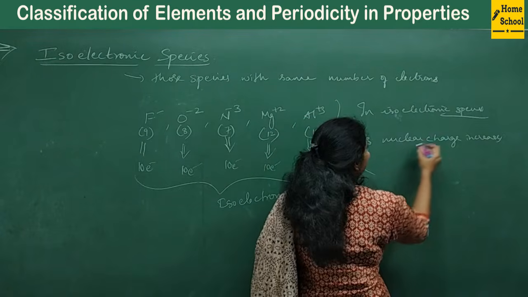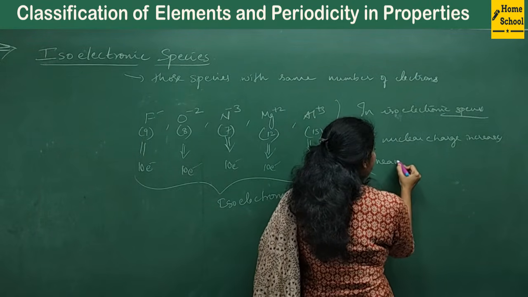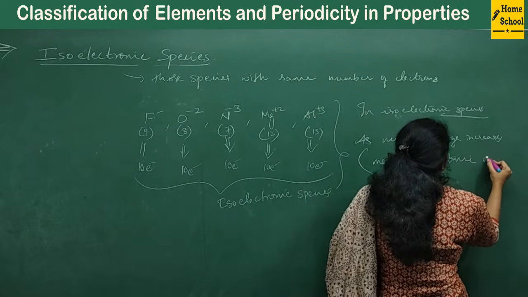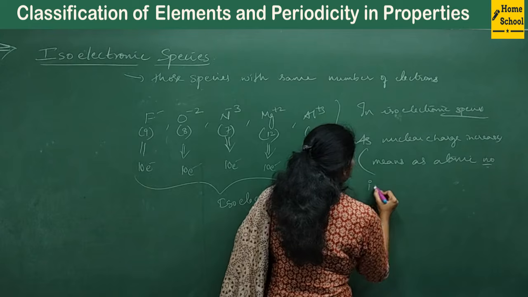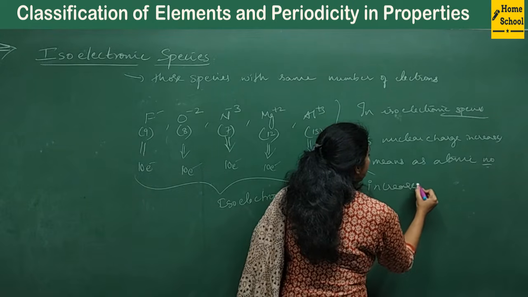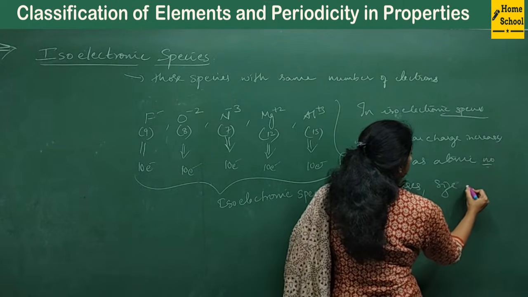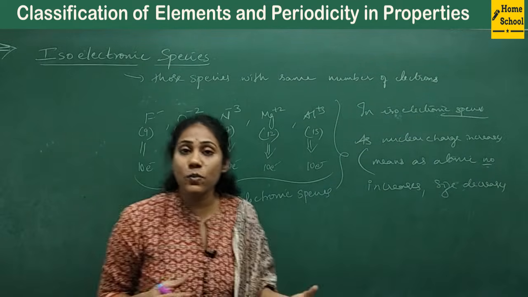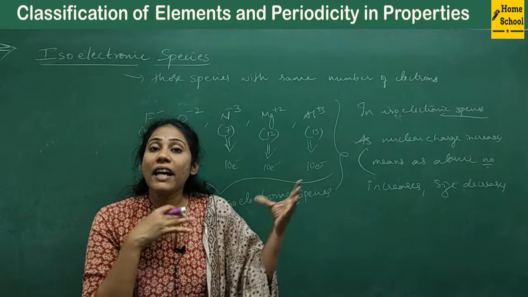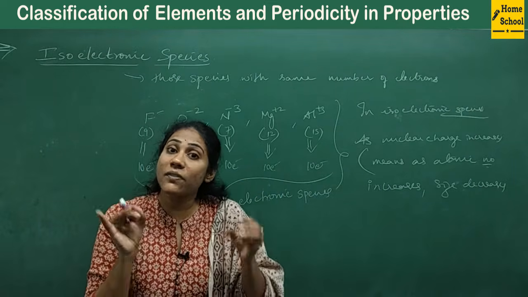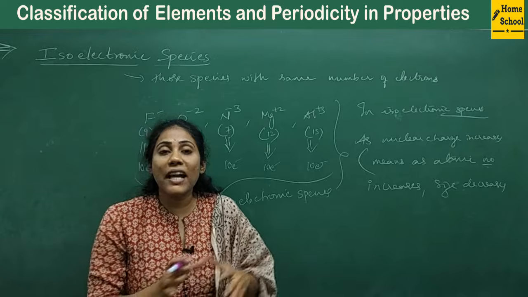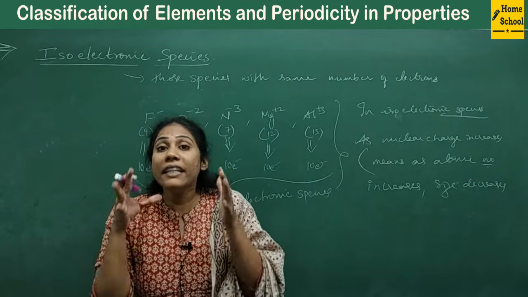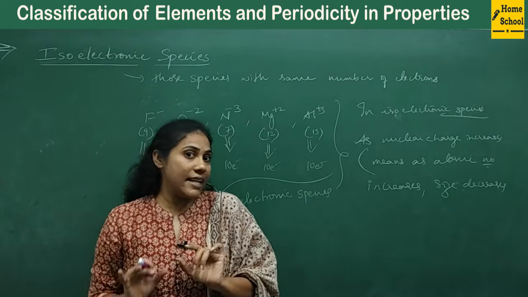So as nuclear charge increases, that means as atomic number increases, size decreases. We know whenever nuclear charge increases, the attraction between the outermost shell and the nucleus will increase. As a result, the outermost shell will move nearer to the nucleus. That way size decreases.